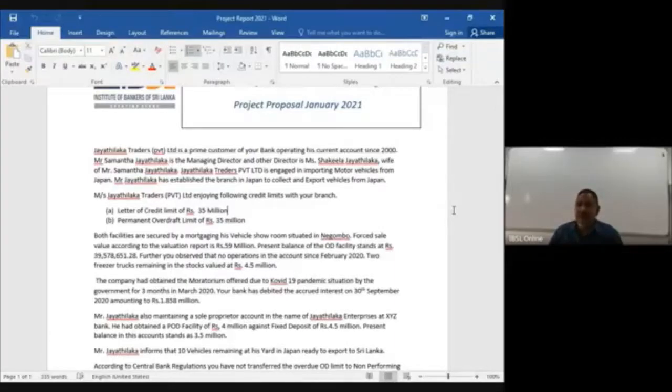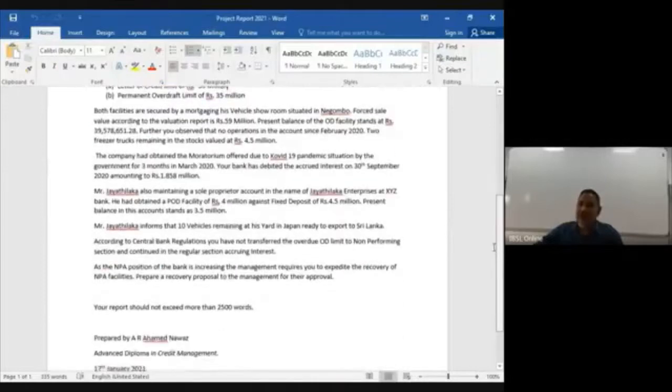The company had obtained the moratorium offered by the government for 3 months in March 2020 due to the COVID-19 pandemic situation.